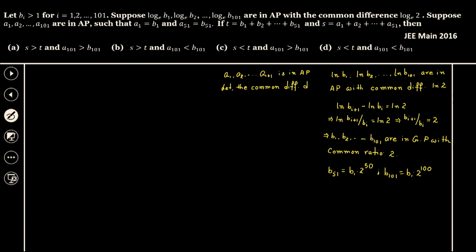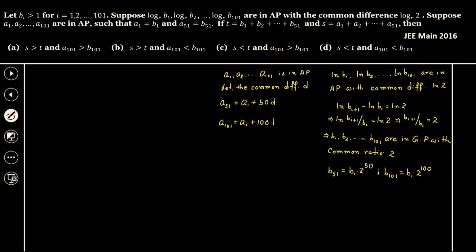Now it asks what the A51 term is here. The A51 term will obviously be A1 plus 50D. And let's go ahead and take the A101 term, because we also need to compare between them. A101 is equal to A1 plus 100D.